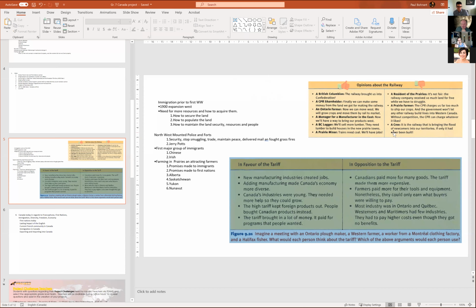And the expectation here is to tell us some background information of what life was like before the railroad came to be in that area, what it's going to mean to have it there. And depending on which one of these you take as an opinion, you're going to either have positive or negative. And then you're going to have to be a salesperson, either lobbying for the creation or the extension of the railway, or against it, depending on if it's a positive or negative.